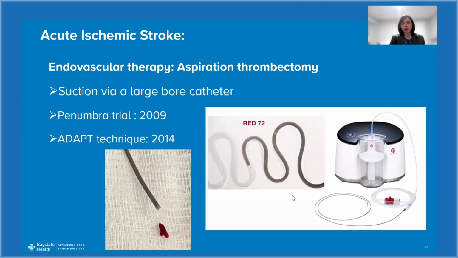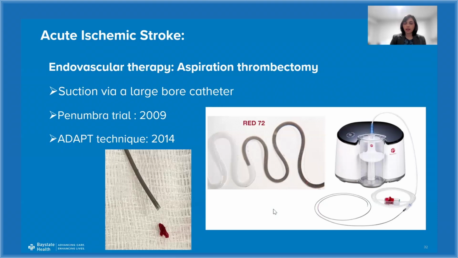And essentially what happens is, as you saw in the video where you took the catheter all the way up into the clot, and then you deployed a device. Instead of that, what this trial looked at was just aspiration or suction good enough to retrieve the clot.